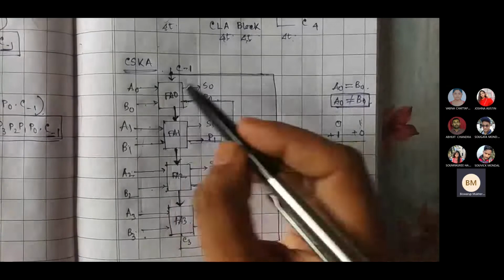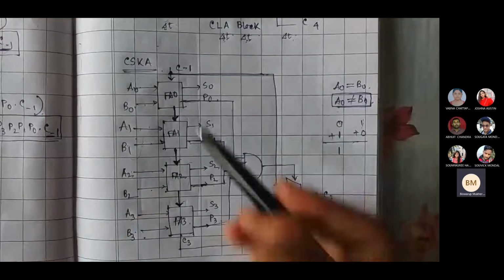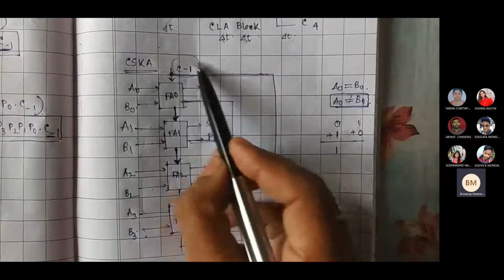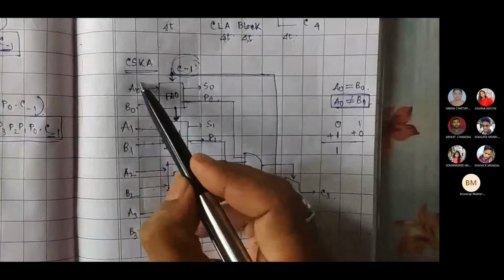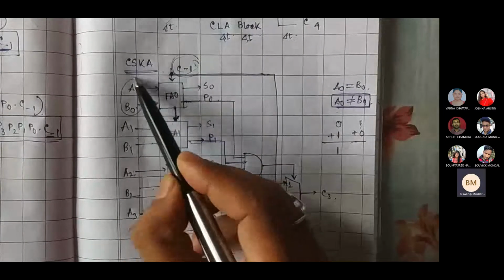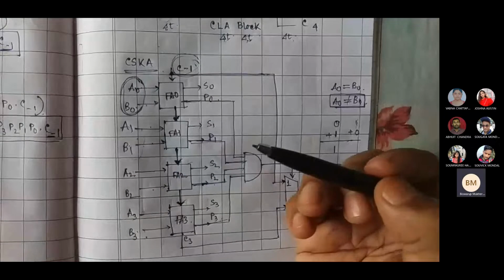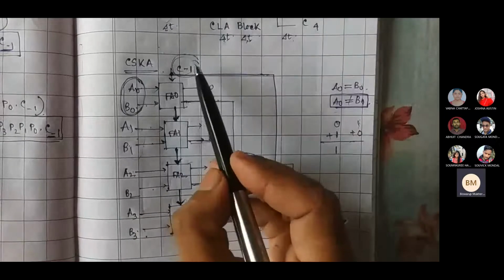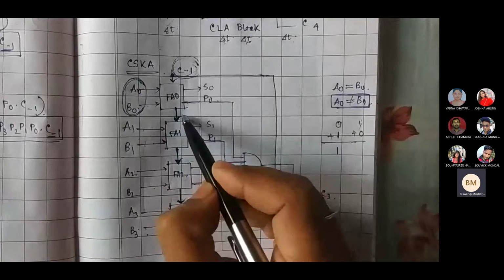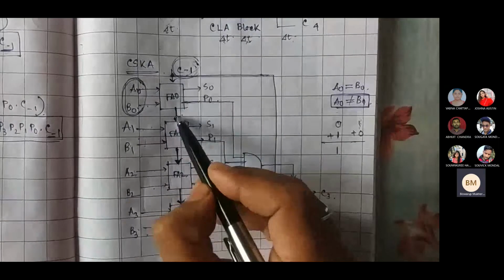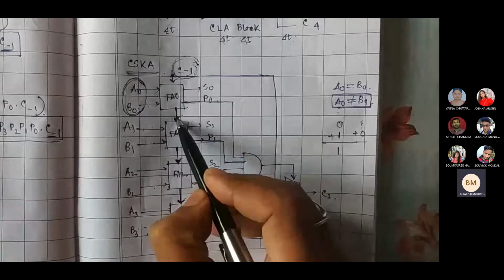If A0 B0 are not equal and C-1 is 1, then the carry will be right over here. Understand this very well: if A0 B0 are not equal, then C-1 will come to the carry output, because if it is 0 then this carry will also be 0, and if this is 1 then this carry will be 1.